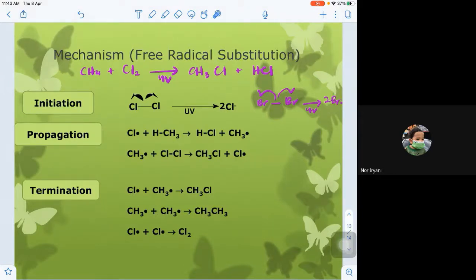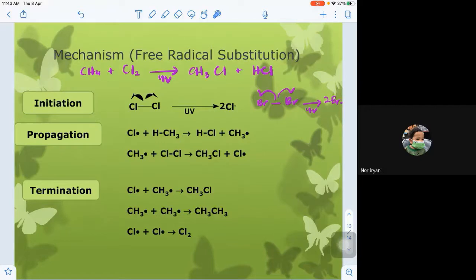If we have a sample, you have to understand the process. It is not necessarily that when you add chlorine to the CH4, what happens in the first 5 seconds is only initiation, and then the next period will be propagation only, and the next period only termination. It is not necessarily so. Even after the propagation starts, we still have other initiations happening.